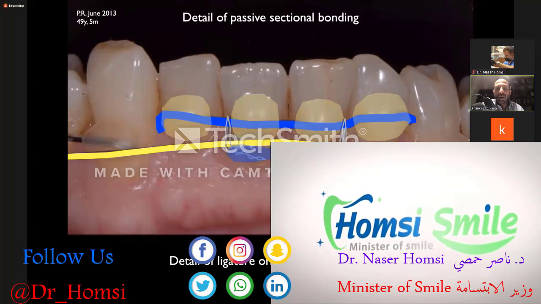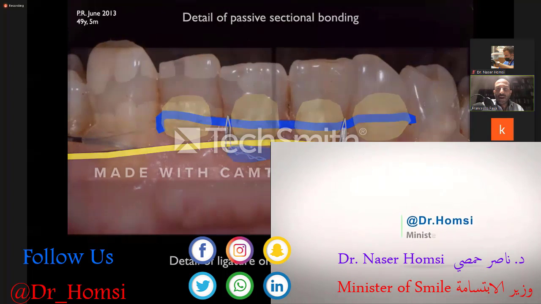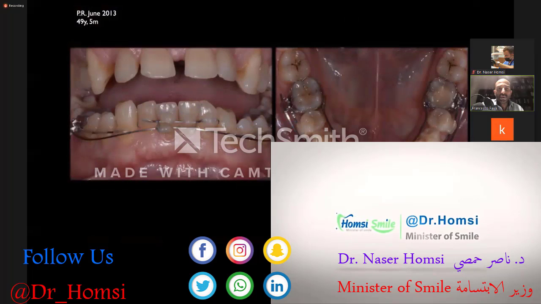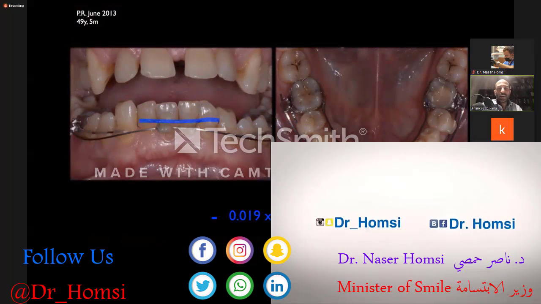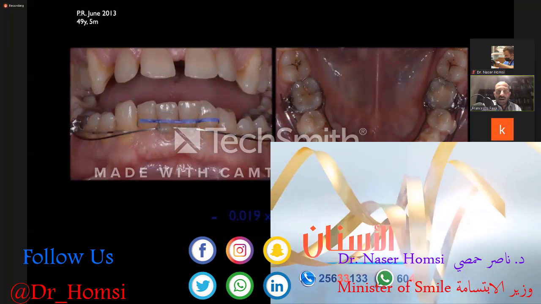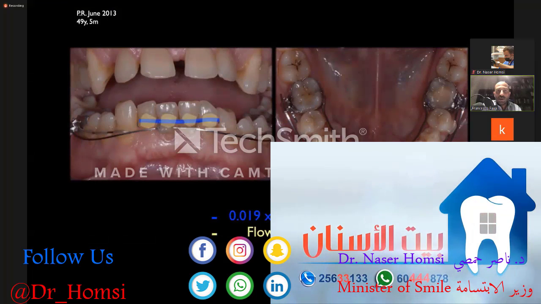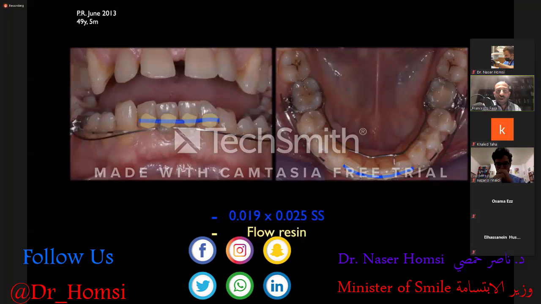Let's take a look also at the posterior setup of the appliance. We have a 19x25 stainless steel wire connecting all the incisors, bonded with flow resin on the enamel of the lower incisors.